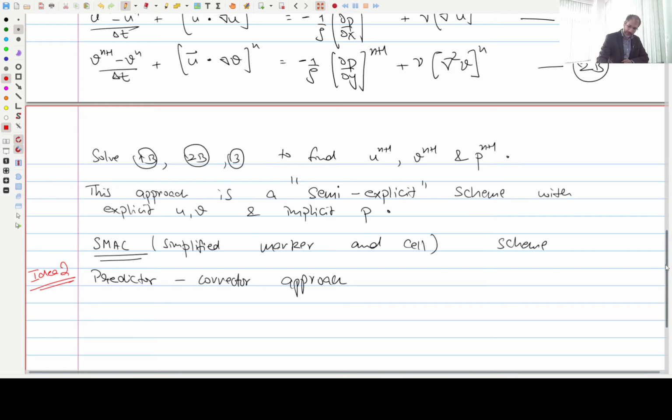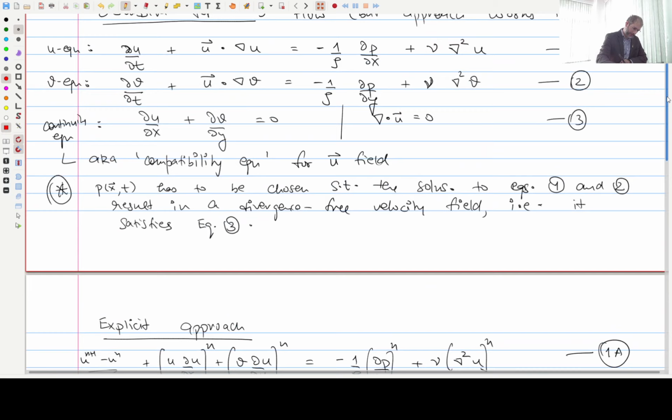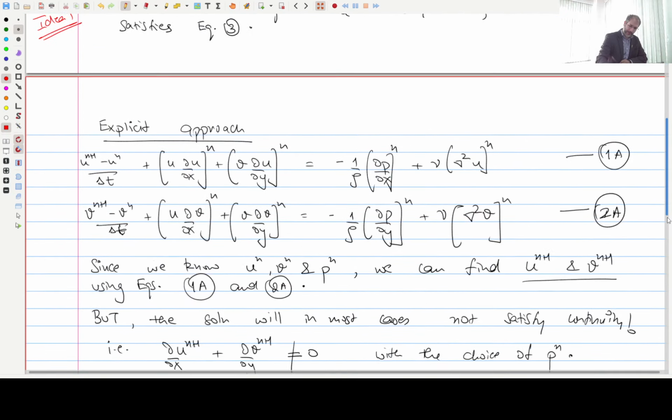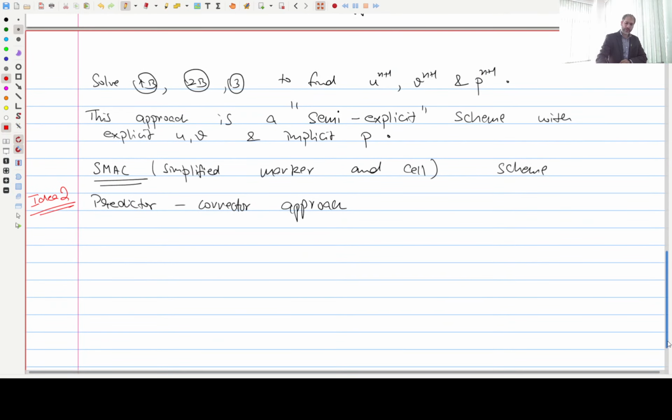I'll put idea 2, and the first idea was this idea of finding the right pressure. Because things are getting intense, I don't want you to get lost in the equations and not understand, because equations can be understood later also, but these ideas are particularly important to be discussed in this kind of a discussion in a classroom.